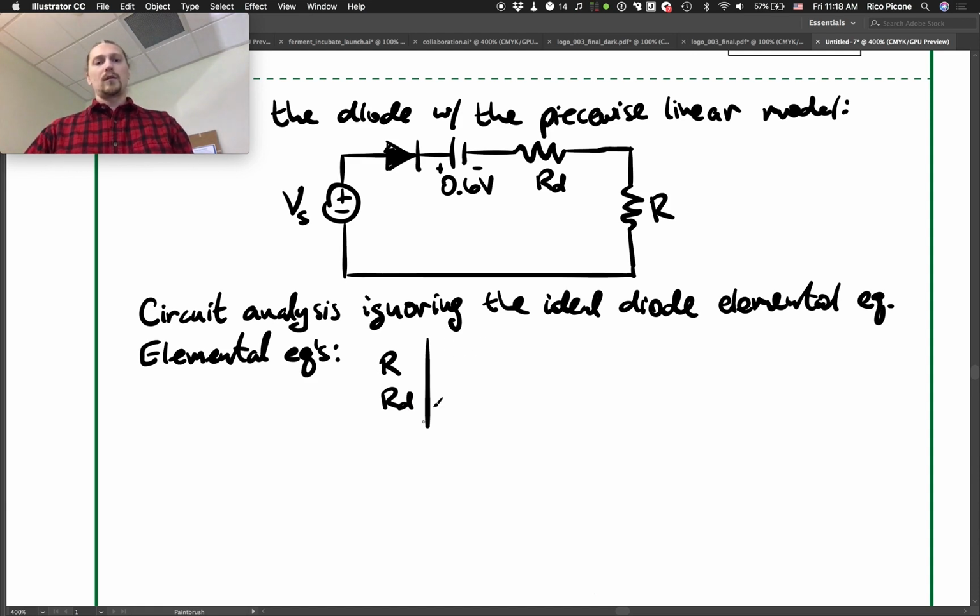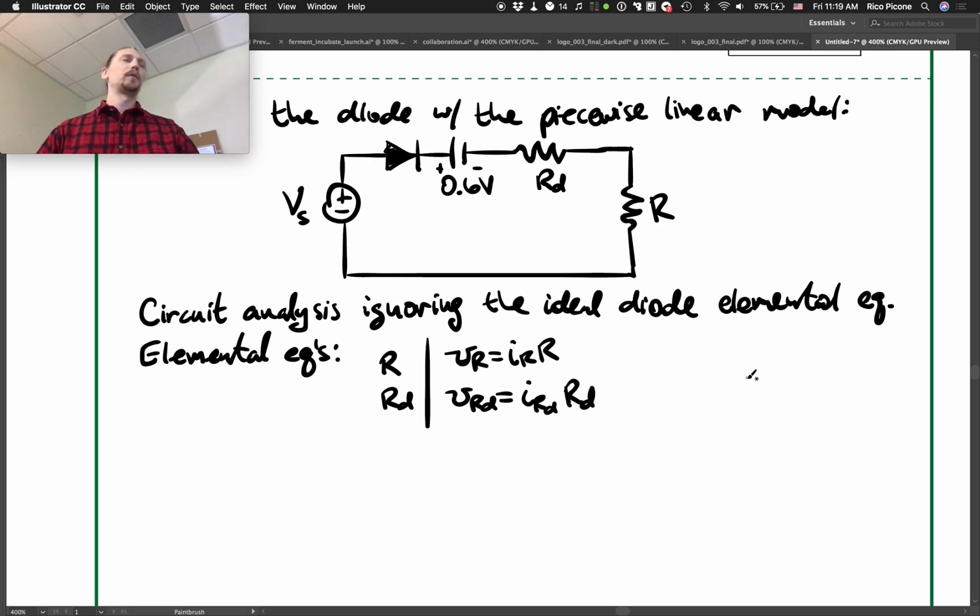Okay, so for R, VR equals IR times R. And VRD is also just equal to IRD times RD. Just Ohm's law in both cases. They're both just resistors, right?